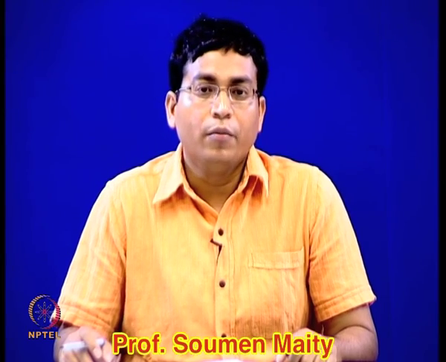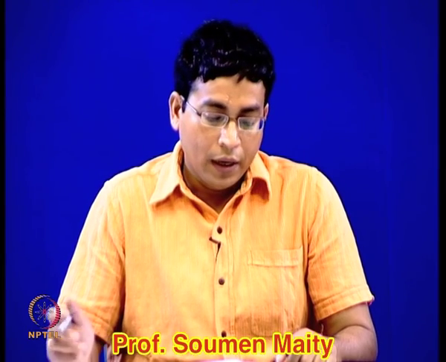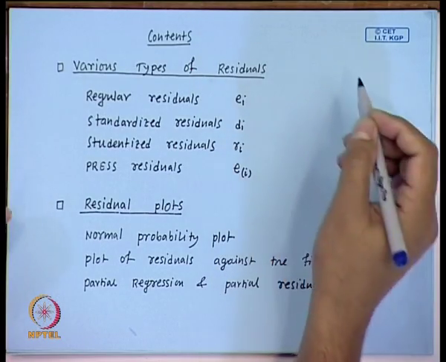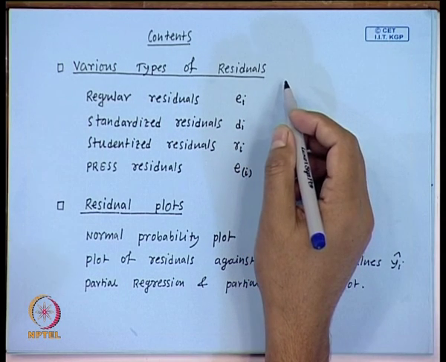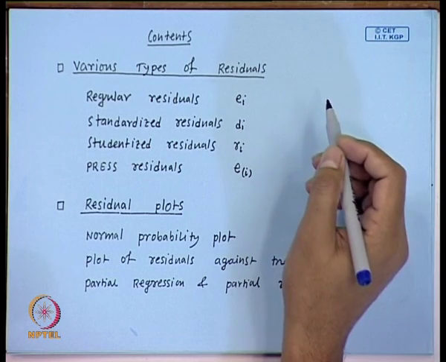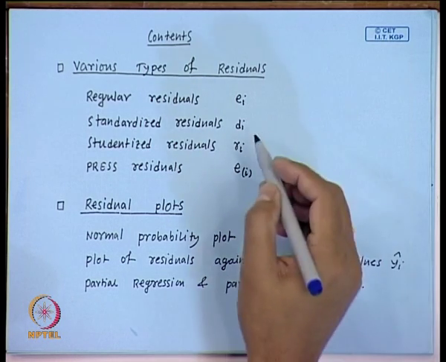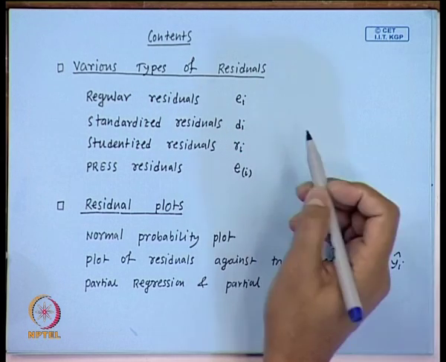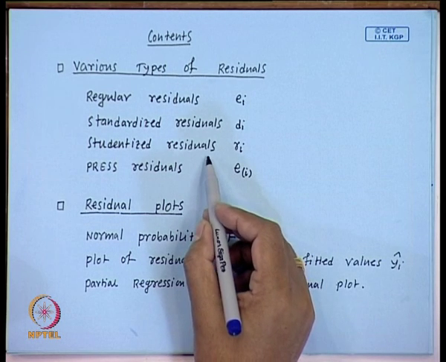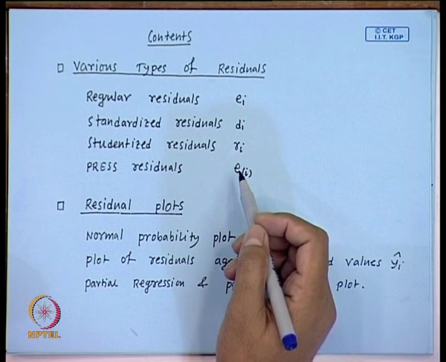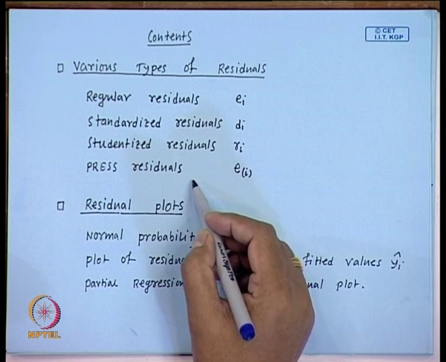This is my second lecture in module 5, that is model adequacy checking, and here is the content of this module. Various types of residuals: in the previous class we talked about regular residuals, standardized residuals, studentized residuals, and today we will be talking about the PRESS residuals.